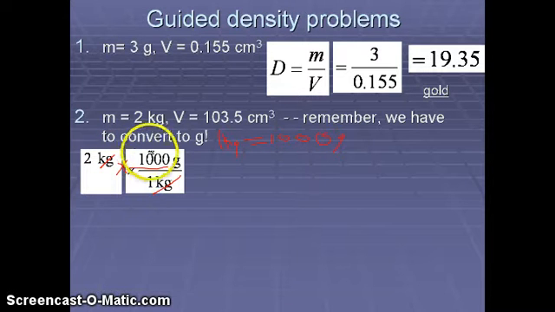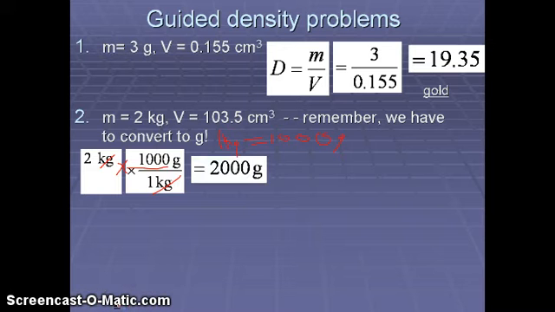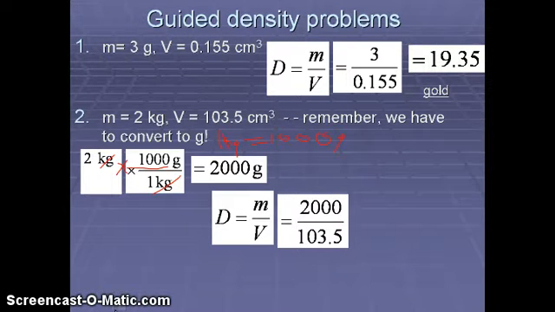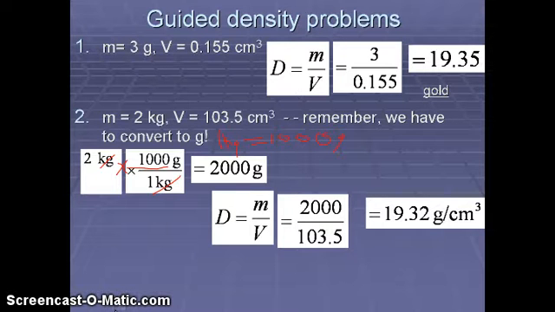Then we want to multiply everything on the top, divide by everything on the bottom, and we get 2,000 grams. So remember, when we plug things into the formula, we want 2,000 grams there. So D equals M over V. So we get 2,000 over 103.5, and that gives us 19.32 grams per centimeter cubed. Again, that is going to be gold.